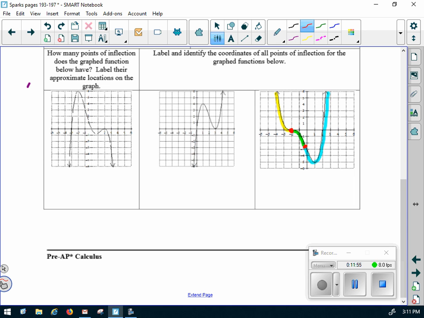Between this 0 of multiplicity 3 and the next extrema. This is the third way to find a point of inflection. It's the midpoint of the segment between a 0 that has multiplicity 3 and the next relative extrema.